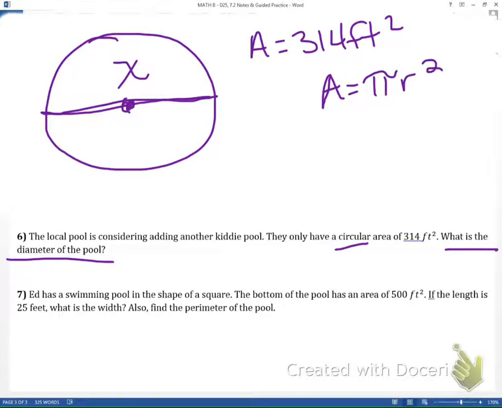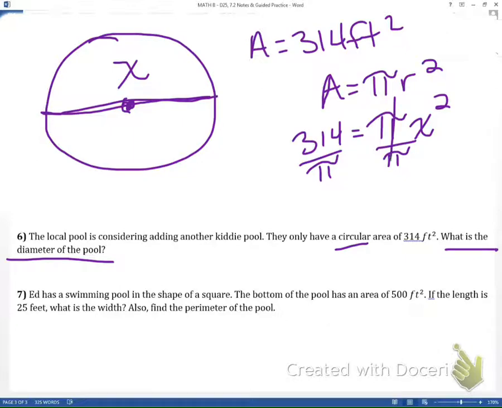Let's plug in the information that we're given. Area is 314. Pi is just part of the formula. We don't know the radius. It just gives an r squared. So we have to first divide both sides by pi. Sure would have been nice if that was 314 pi so that the pi's would cancel on the left side of the equation.